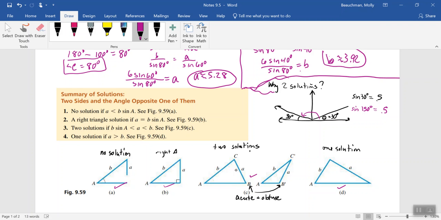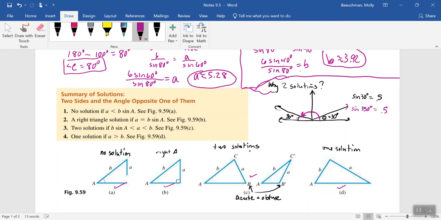When you're trying to find an angle, you have to take the inverse sine, and it gets a little tricky because remember back when we were looking at sines of angles, in the first quadrant, a 30-degree angle has a sine of 0.5, but it's also a reference angle in the second quadrant. So that angle, 180 minus 30 degrees, 150 degrees, also has a sine of 0.5.